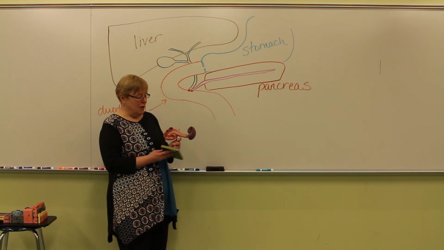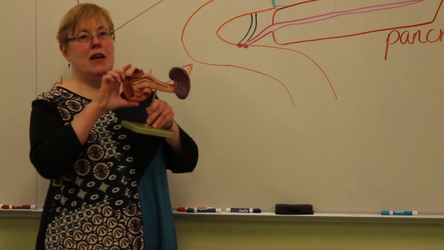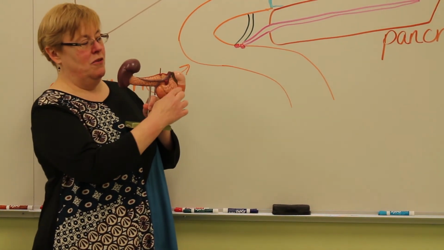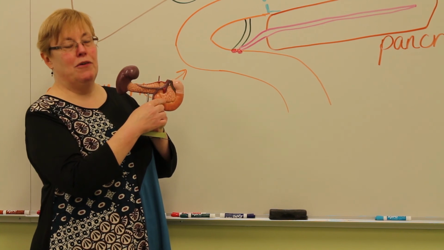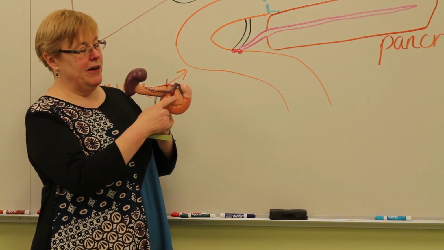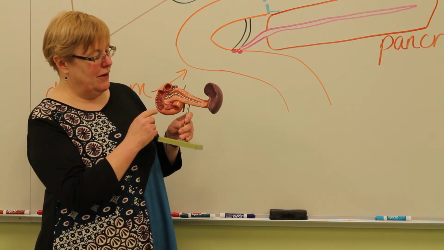On this model, we can actually see a part of the small intestine, which is the duodenum. You can see how it's curled around the head of the pancreas. I'm going to turn it back so the anterior side is facing you.